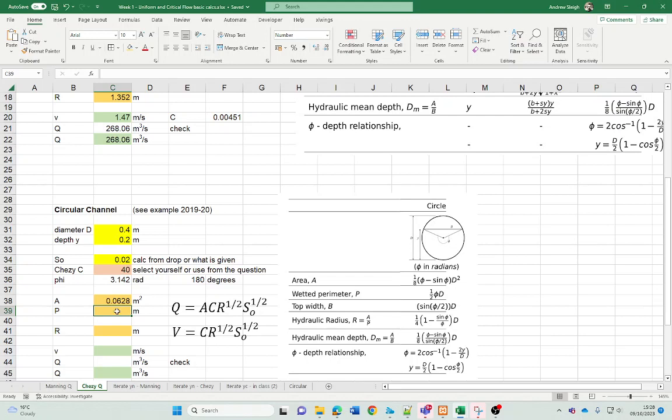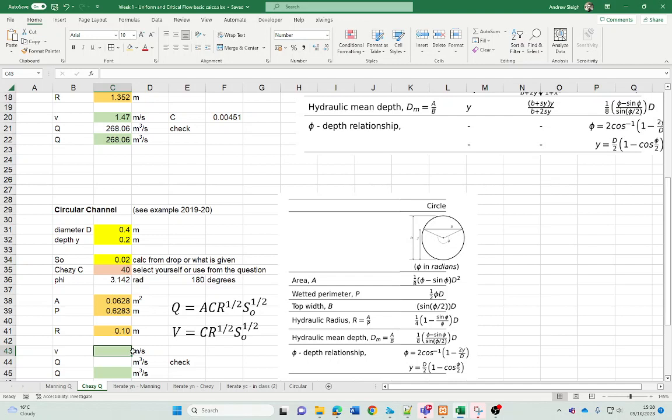B equals phi times the diameter divided by 2. R is equal to A over P, as always. Okay, I made a mistake there. Chose the wrong one, let's just correct it.